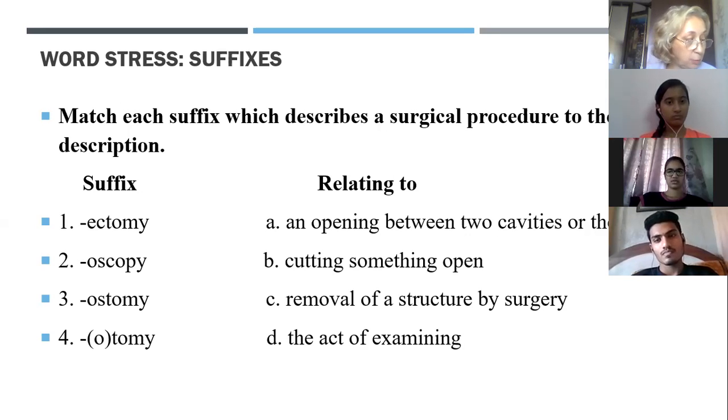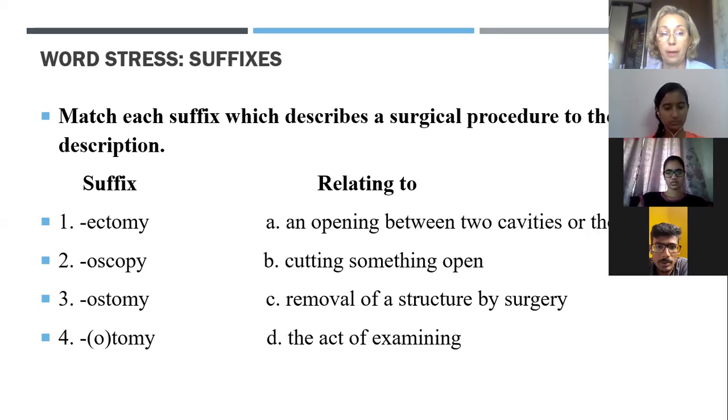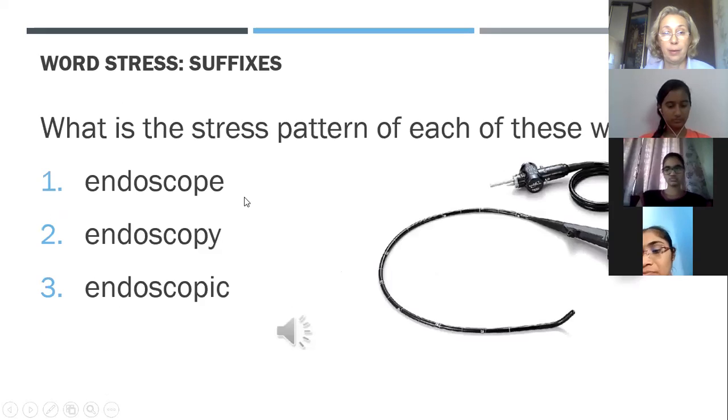Let us listen to Bhuvanesh, number 4, otomy. Otomy means cutting something open. An example? Hysterectomy. Okay, good. There are a lot of specific terms in medicine, and you know them better than me.